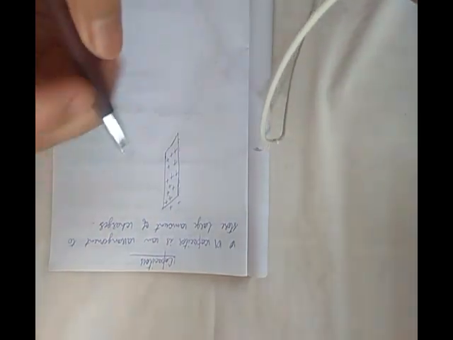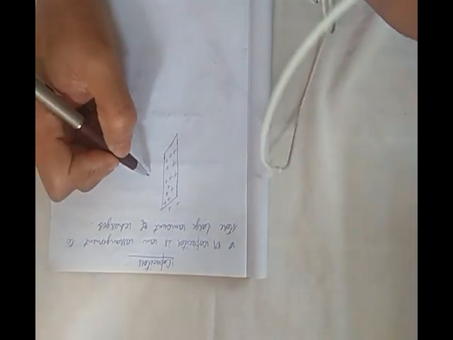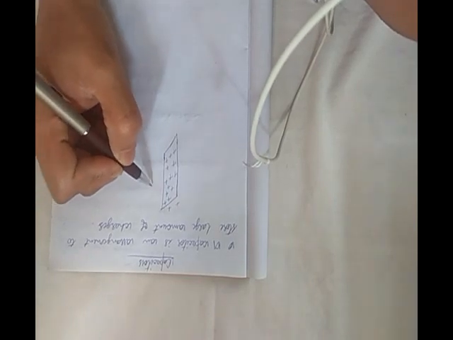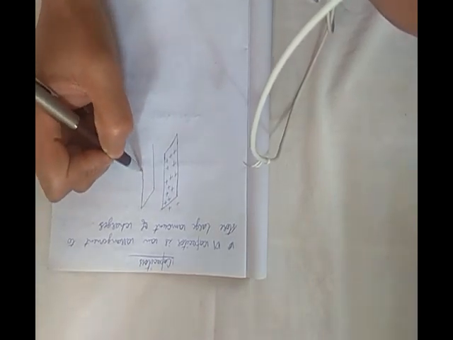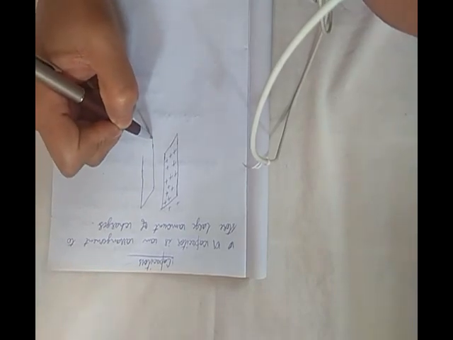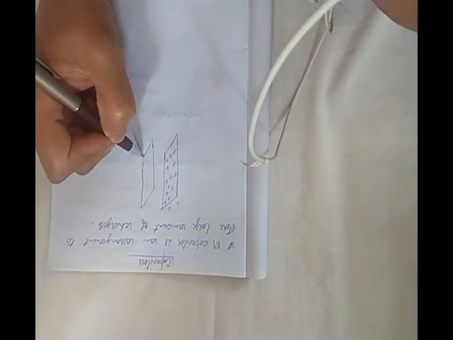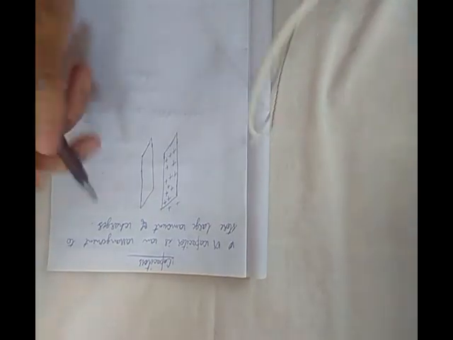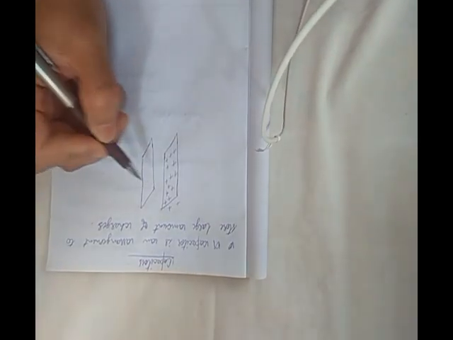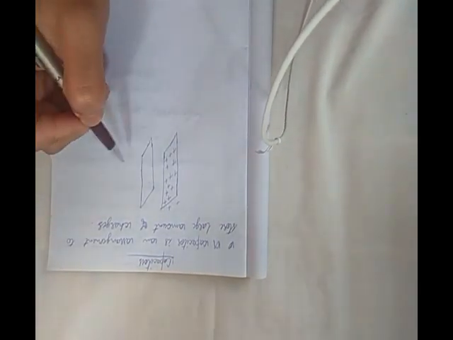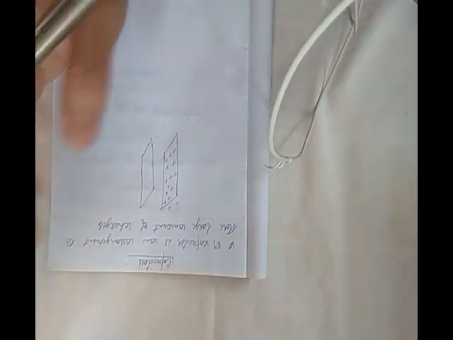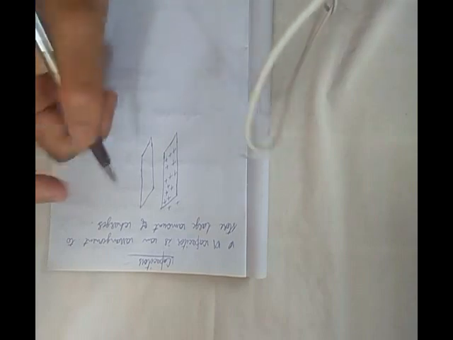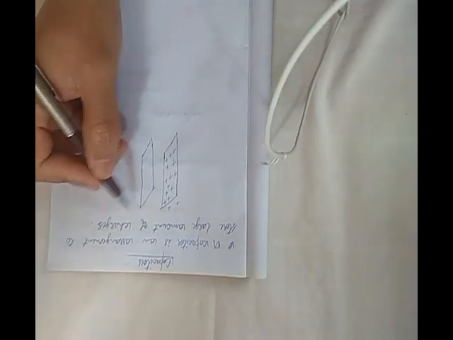Now what we do is bring another conductor in its vicinity, say another conducting plate. It could be any kind of conductor, but for now I've brought a conducting plate. Now this particular plate is neutral. We haven't given it any charge, remember.